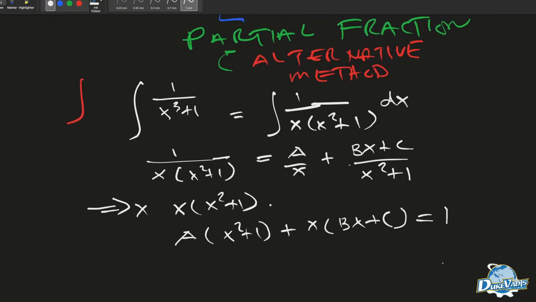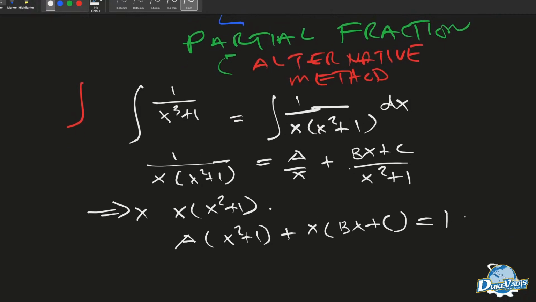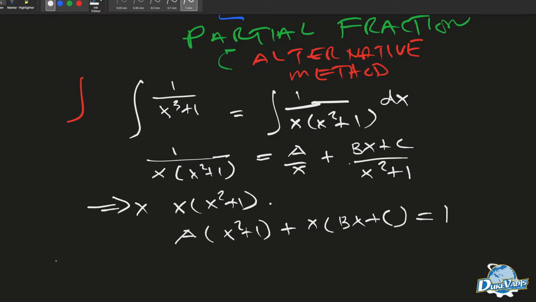If you look at it, we can resolve this equation easily by expansion. So when we expand this equation, we are going to get Ax squared plus A, then Bx squared plus Cx is equal to 1.